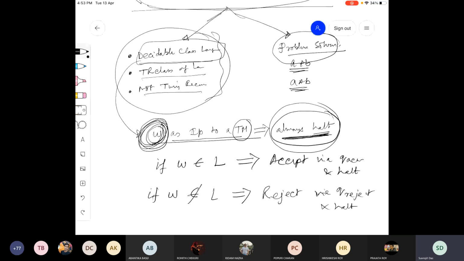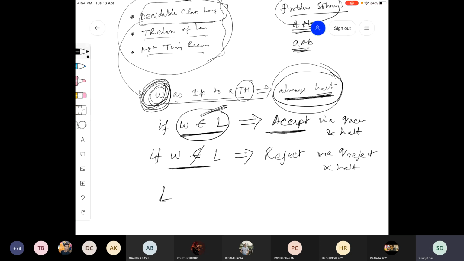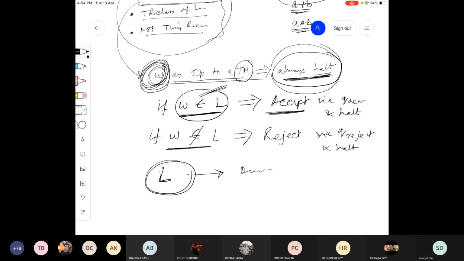So if you ask whether W is an element of L or not, it checks whether W belongs to L and accepts if really W belongs to L, and it can also say that no, this W doesn't belong to L. All those classes of languages L for which a Turing machine always deterministically says whether a string belongs to it or not are called decidable languages, right?